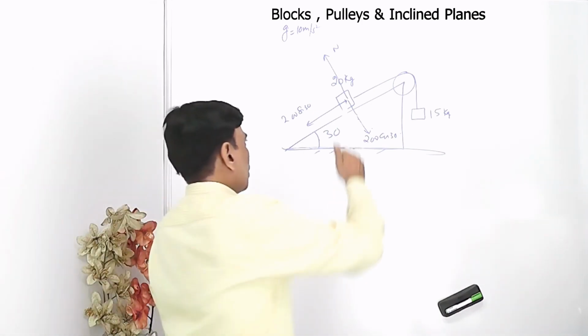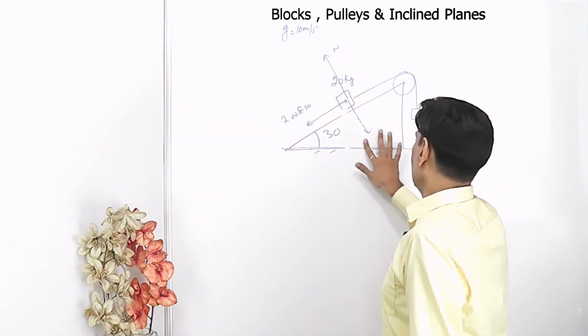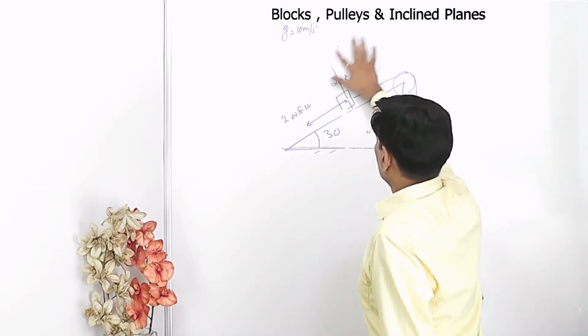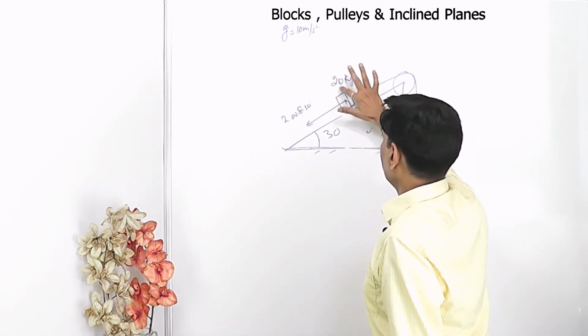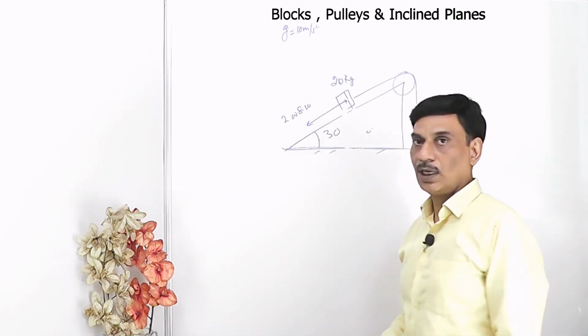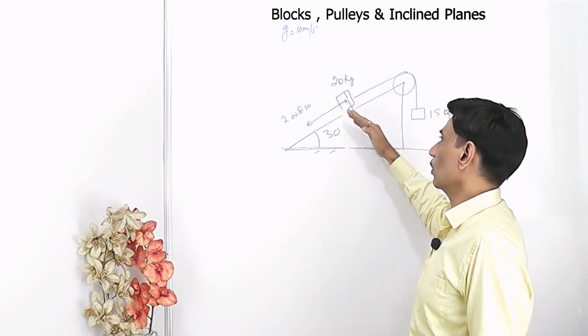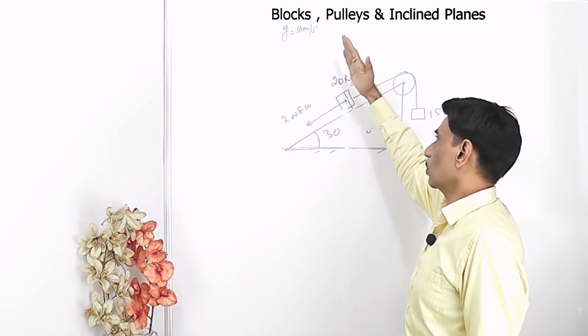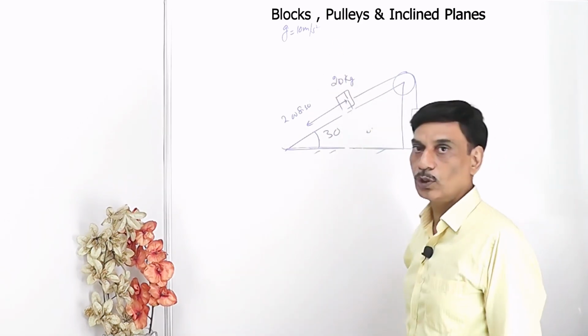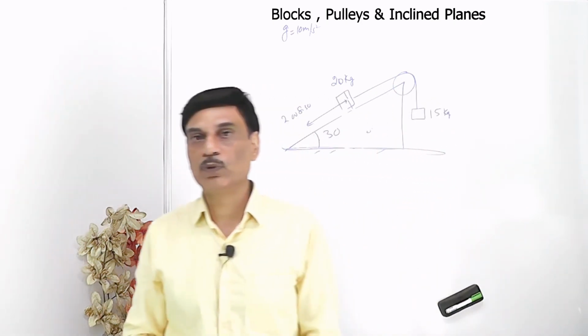This force is balanced by this force, so I remove it for the time being, because that is not going to contribute anything towards the motion along the string. Motion is this way, these forces are perpendicular to this motion, so the component of these forces along this axis is going to be equal to 0, so that's why I have removed it for the time being.